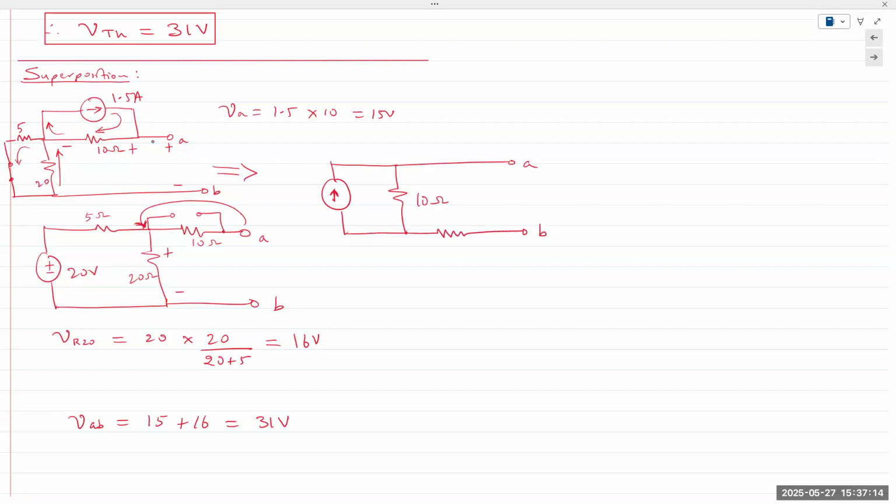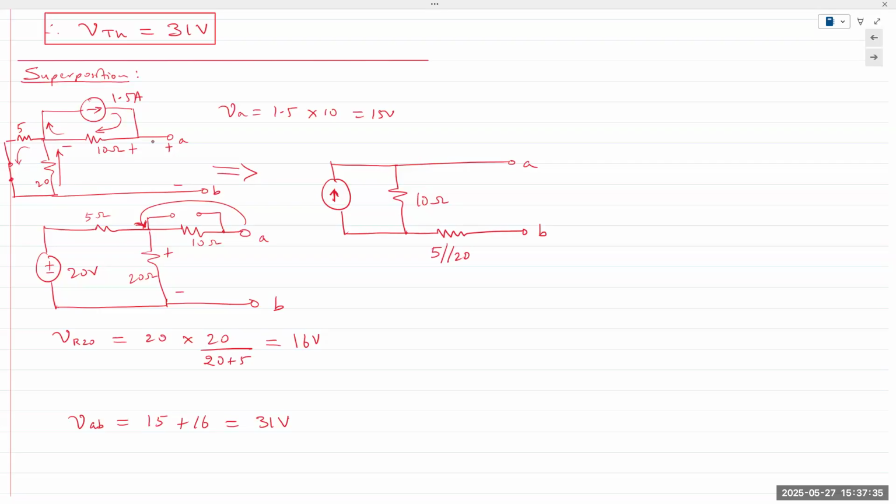And this is B. And this resistor is the 5 and 20 ohm resistors in parallel, a 4 ohm resistor.